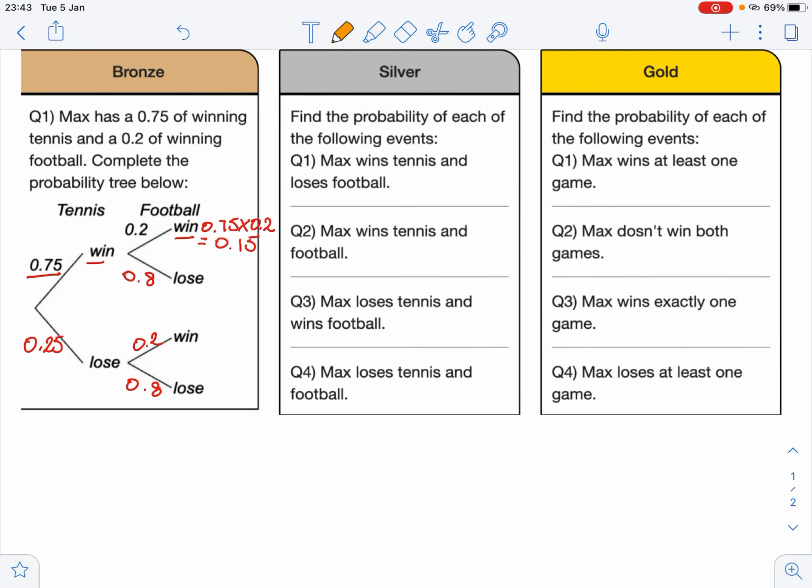Then we look at Max winning tennis and losing football, which would be 0.75 multiplied by 0.8. The probability is 0.6.